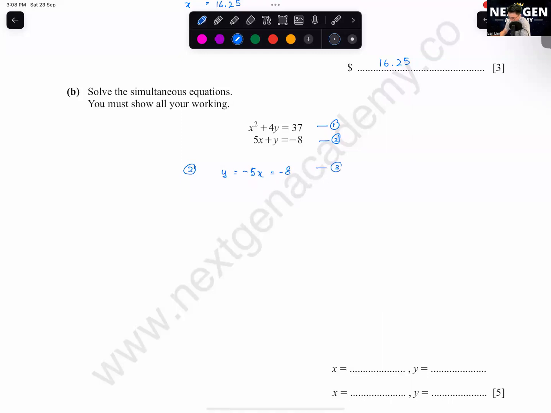Okay, let's call this equation 3. I'm going to sub 3 into equation 1. So it becomes x squared plus 4 times negative 5x minus 8 equals 37.